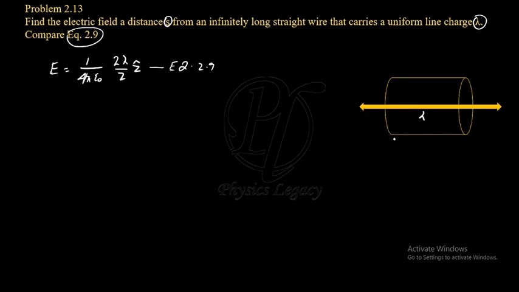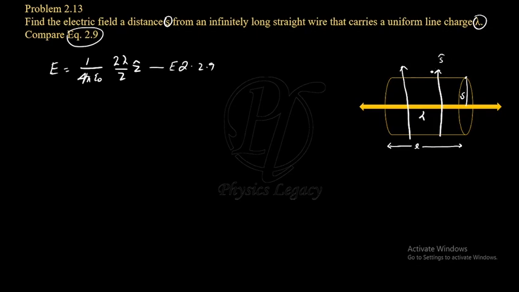Now consider the length of this cylinder is L, and the distance from the central axis to the boundary of this cylinder is named S. And consider a uniform E field pointing in this direction, that is the S unit vector.